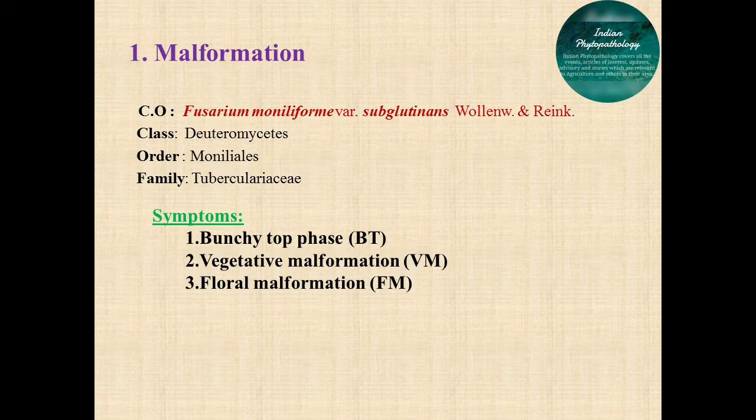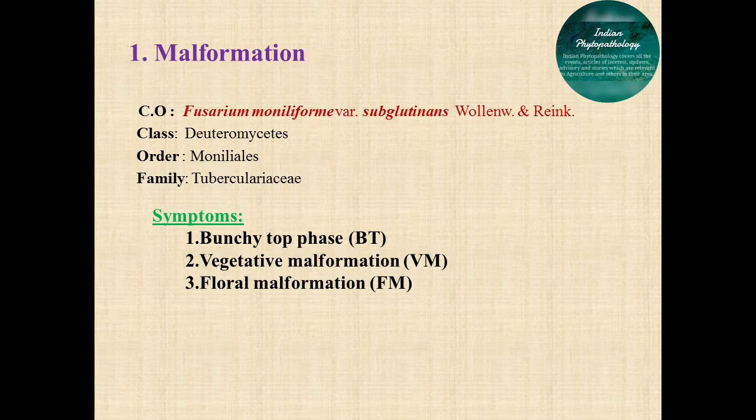On the main shoot, formation of small rudimentary leaves arises and all those rudimentary leaves come in bunches. Shoots remain short and stunted with shortened internodes, which is the particular character of this bunchy top phase. That means the height of such shoots is very short and you can easily identify it by its shortened internodes.